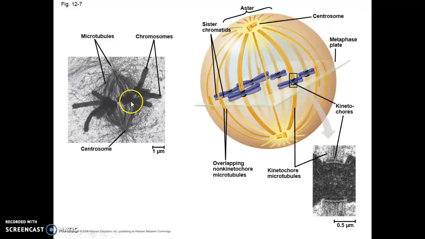Here again, the second picture, a transmission electron micrograph, reveals that the kinetochores of the two sister chromatids face opposite poles of the cell. That's what they do.